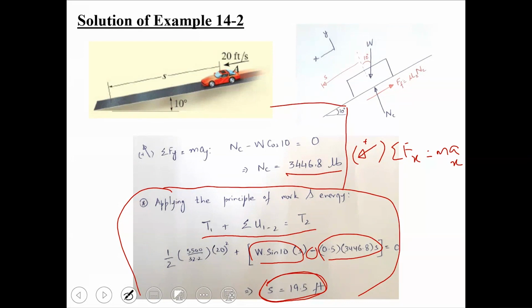So applying it along the x-axis, summation Fx equal to max. The forces which are acting along x-axis is going to be the component of weight, which is W sine of 10 with a positive sign. क्योंकि W को जब आप resolve करेंगे, so this is the component which is acting towards the positive x-axis, and force of friction which would be acting towards the negative x-axis. So W sine 10 minus mu NC should be equal to MA.